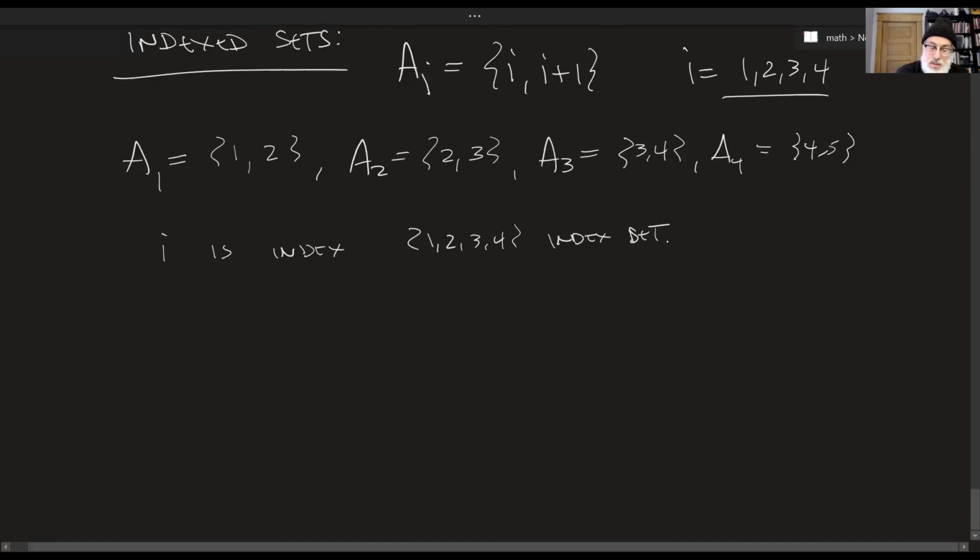So now we can do set operations on these. Again, notationally, we would write it differently, but you'll see it's exactly the same. I would start with my index. So I'm going to start with I equals 1. Now I'll go to 4 of A sub I. So again, it's nice. It's compact.